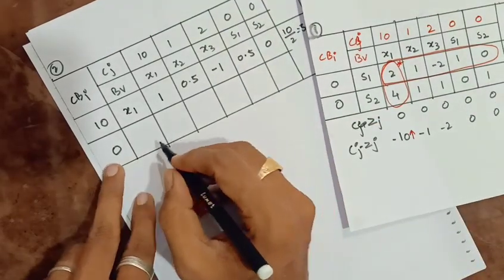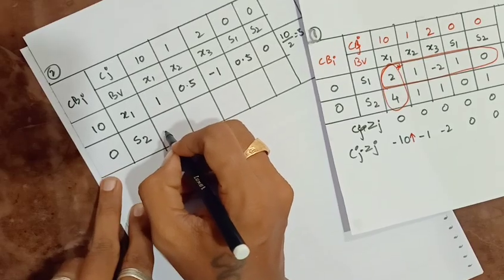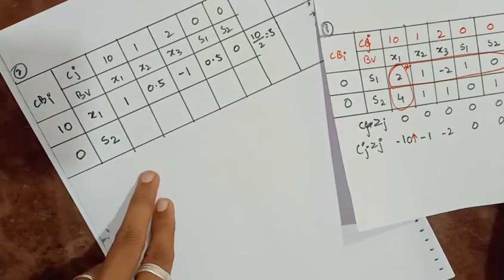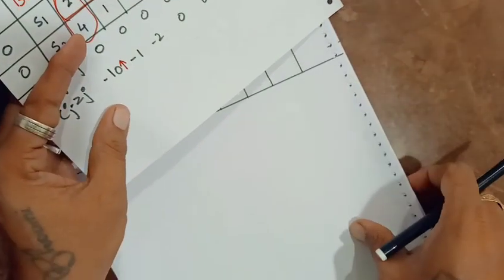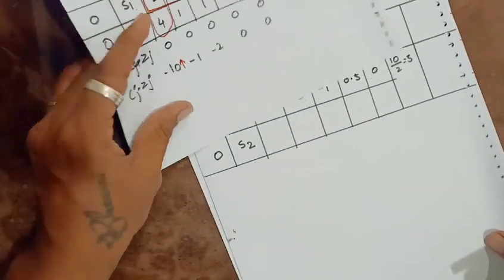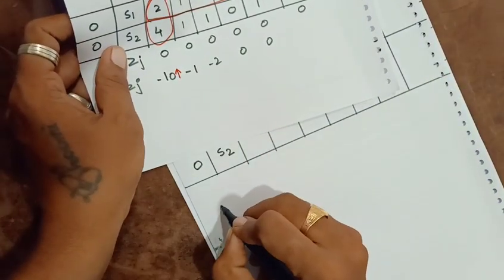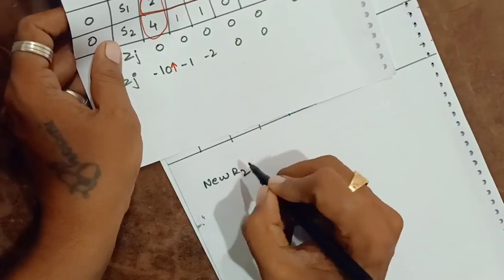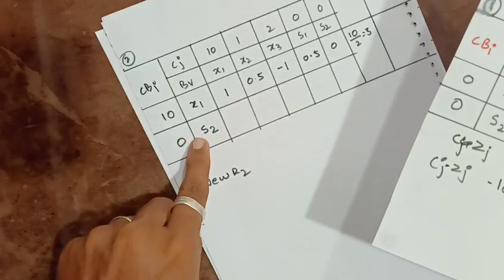So here this will be the same variable, but you will be getting the new values. So how to calculate the new values? See, there is a formula to calculate the new values. So new row 2. What do we want? We want new row 2, that is this one. This is the old row 2 and this is the new row 2.